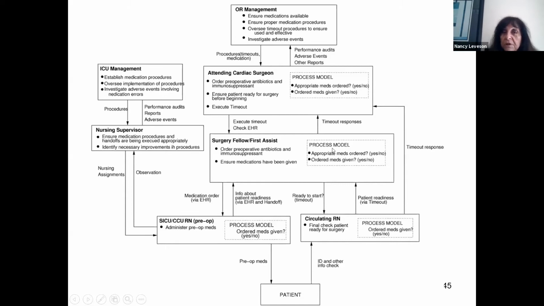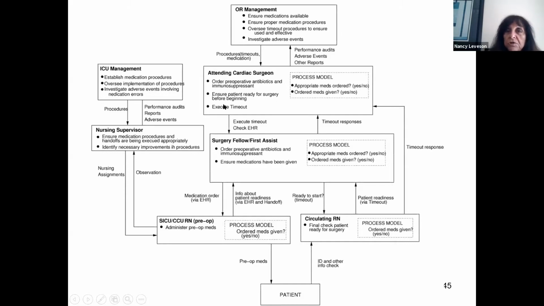Above them is a surgical fellow, the first assistant to the attending surgeon, and his responsibility is to order preoperative antibiotics and immunosuppressant and ensure that they've been given. Clearly, that didn't happen. In the process model, were the appropriate meds ordered, were the ordered meds given.